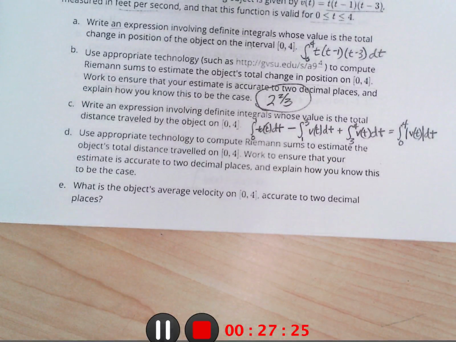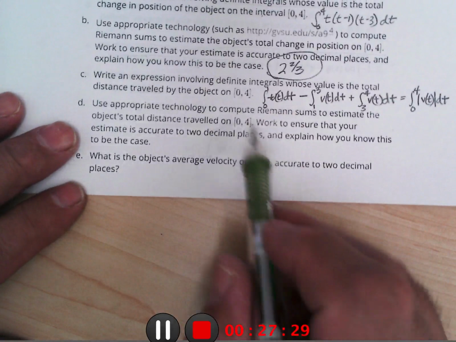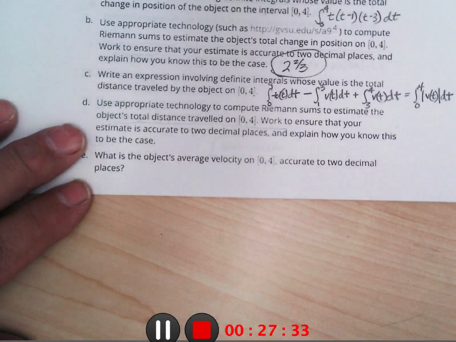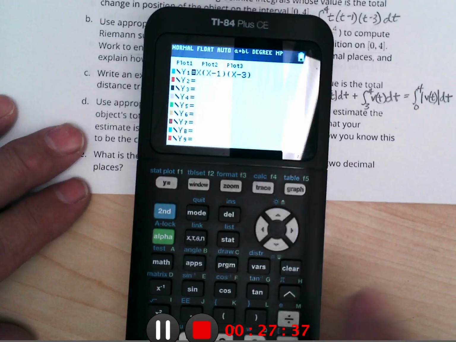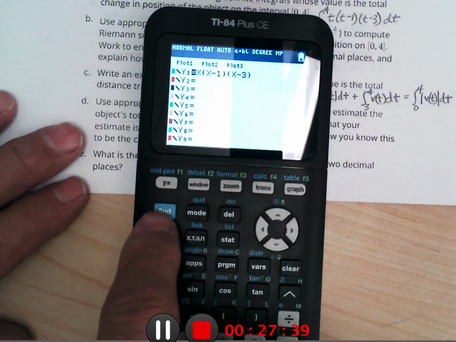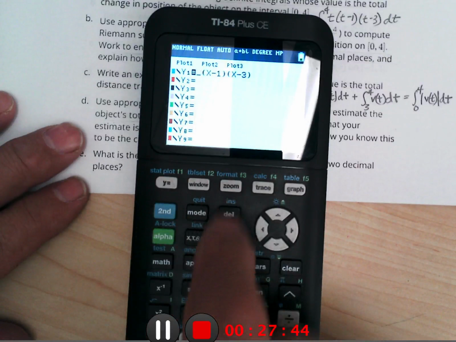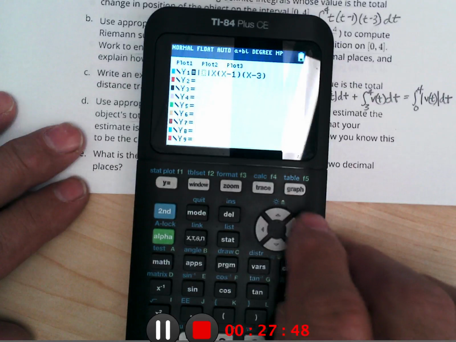Okay? Estimate the total distance on 0 to 4. All right. So now let's go back to here and change this equation to be the absolute value of this. So second insert, math, number, absolute value, and oops.